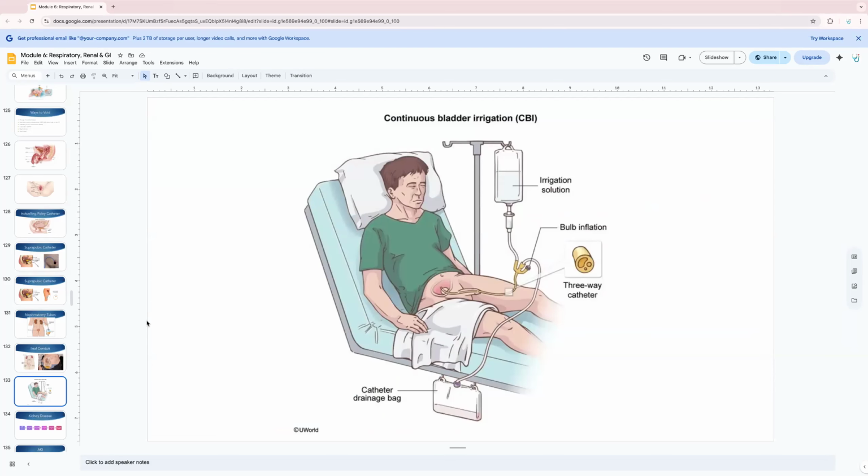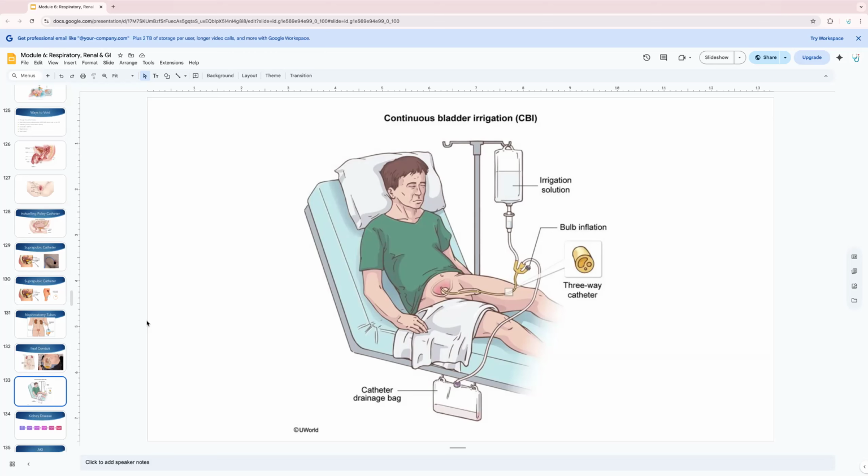There's also a technique or procedure called continuous bladder irrigation. So if the patient has had some type of renal procedure that is going to cause blood clots, those blood clots are going to block the bladder neck, and it's going to lead to urine retention, and urine can't get out of the bladder.